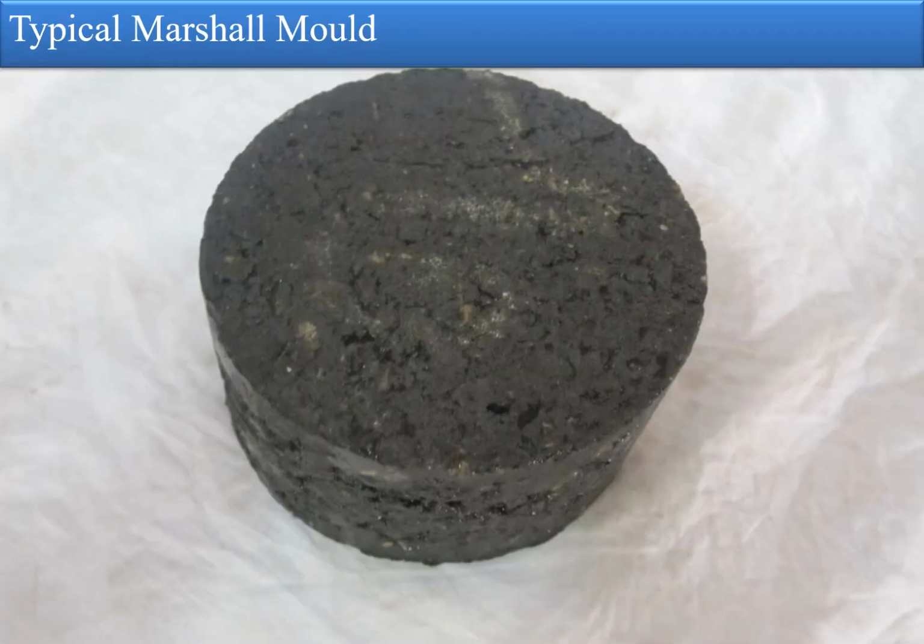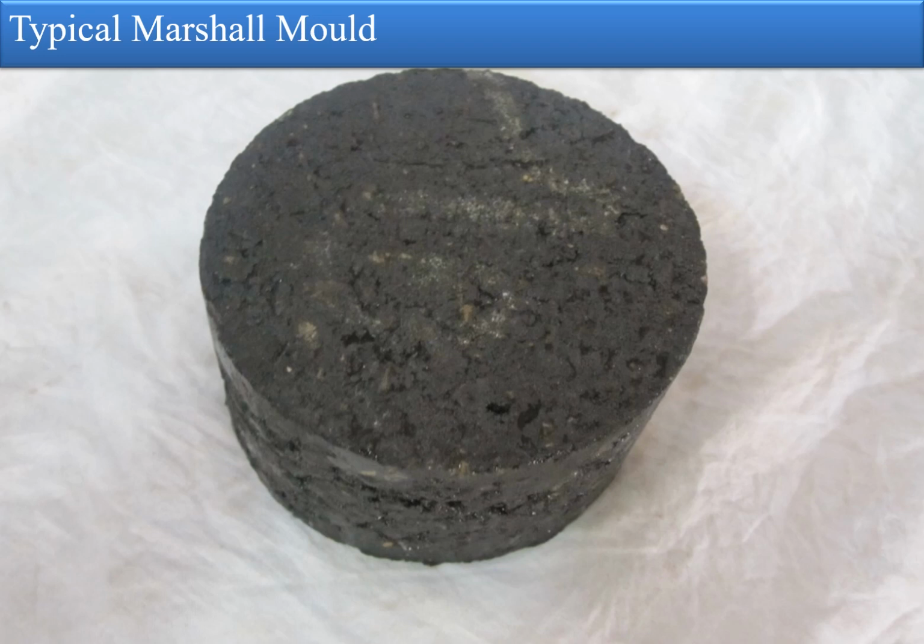So once the mold is compacted, it will look something like this. You can see that if the mold is not given proper compaction, from the side faces you can see slightly coarser particles being projected and voids being there.